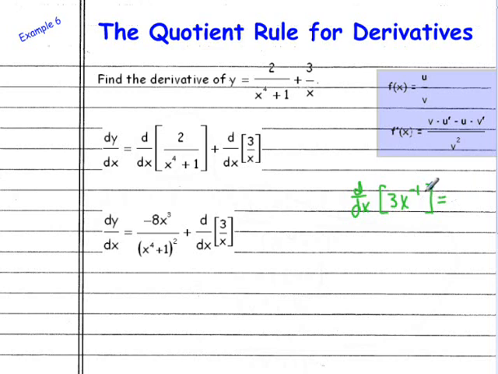We'll say -1 times 3, which gives us -3, and when we reduce -1 by 1, -1 subtract 1 is -2. And then we remember that can be rewritten as -3 times 1 over x squared, or a much better form, -3 over x squared.